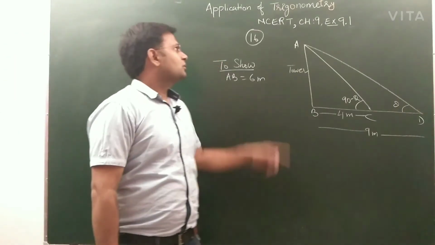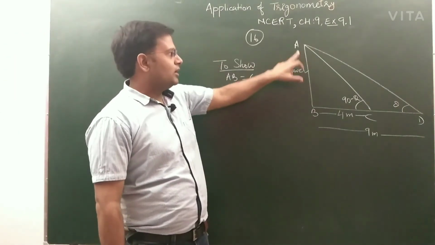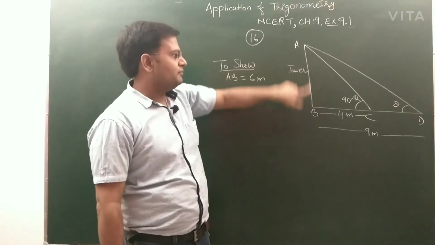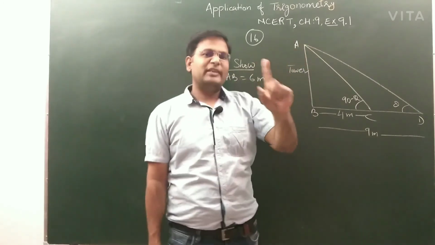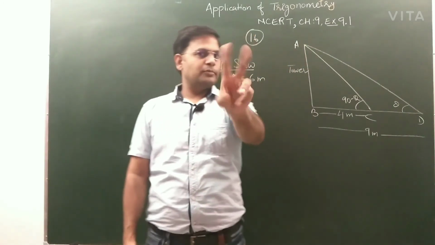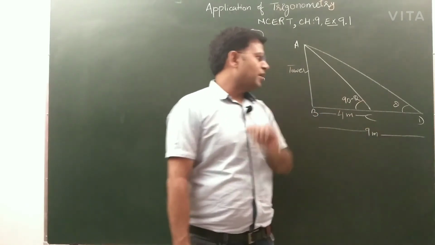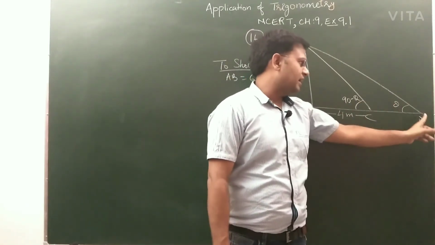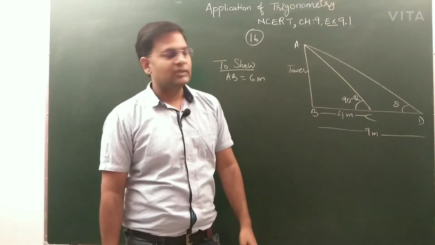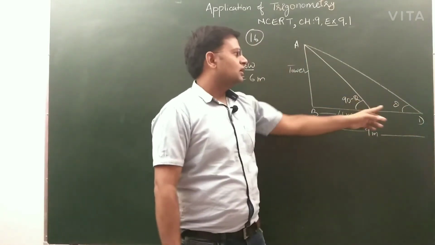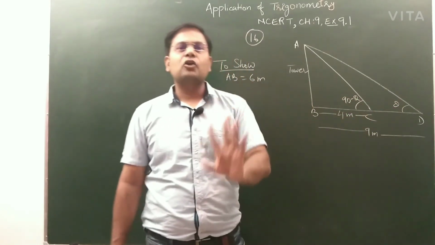Okay, now question number 16. The angles of elevation are formed to point A, which is the top of the tower, from two points on the road. Take one point as C and the second point as D. The angles of elevation are such that these two angles are complementary.